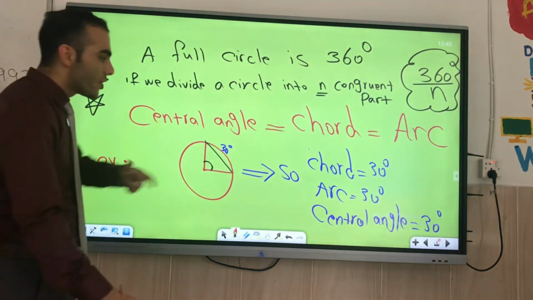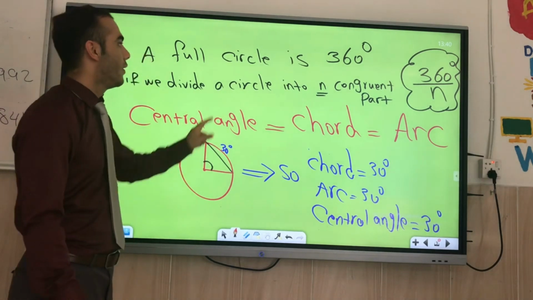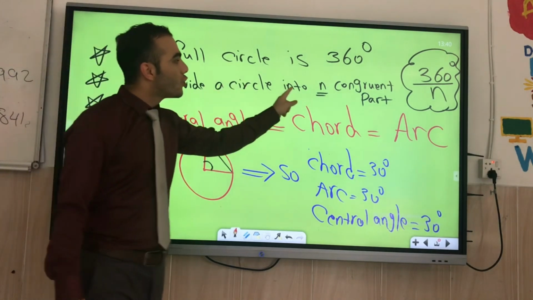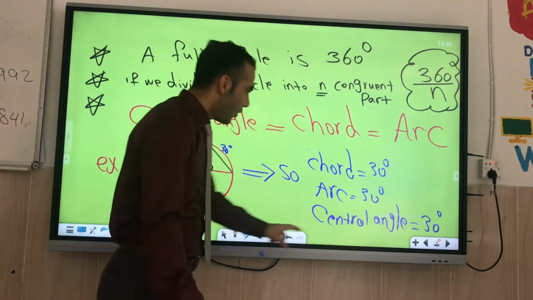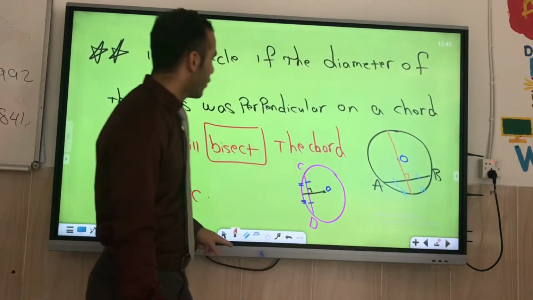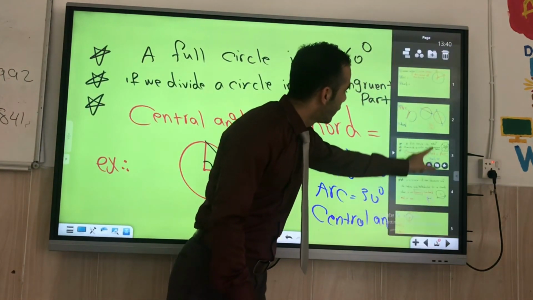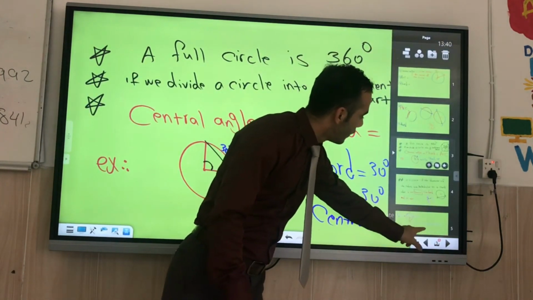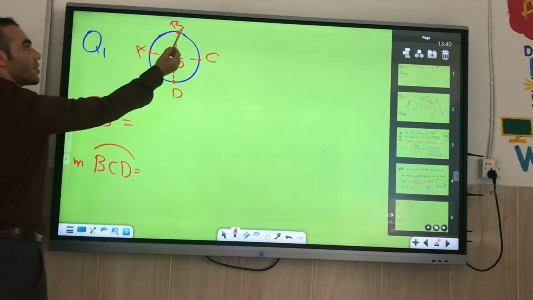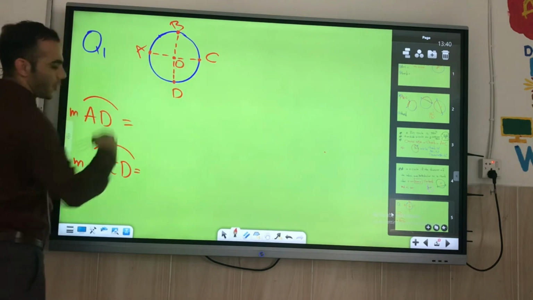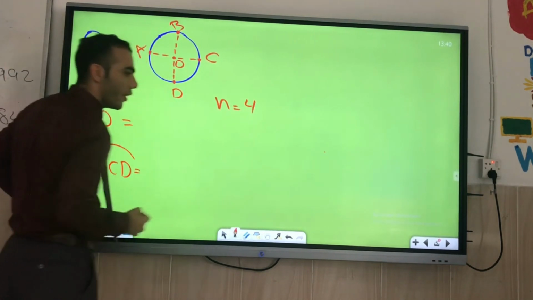If we divide a circle into n congruent parts, here is a question. We divide a circle into 4 equal parts, so our n is 4.